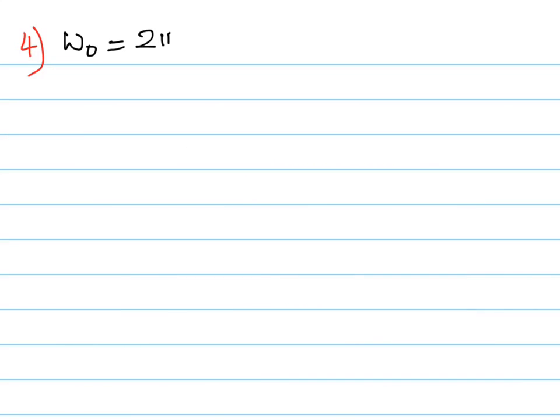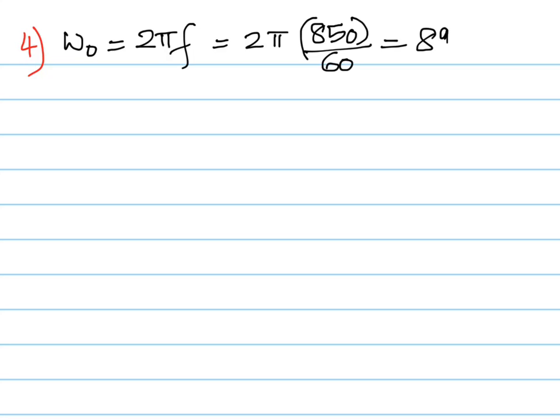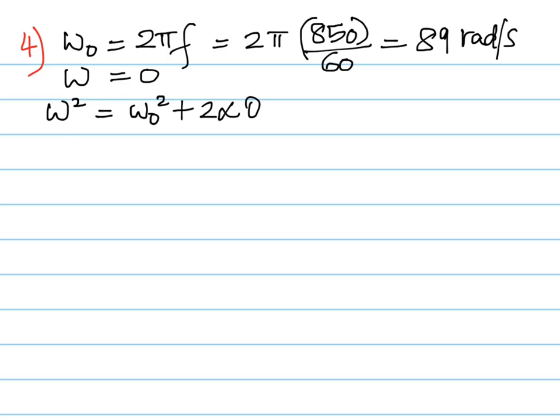Okay, omega naught. That's the initial angular velocity, 2 pi f. It's 2 pi times 850 by 60. 89 radians per second. Final is 0. And then that's the formula. Omega squared is omega naught squared plus 2 alpha theta.